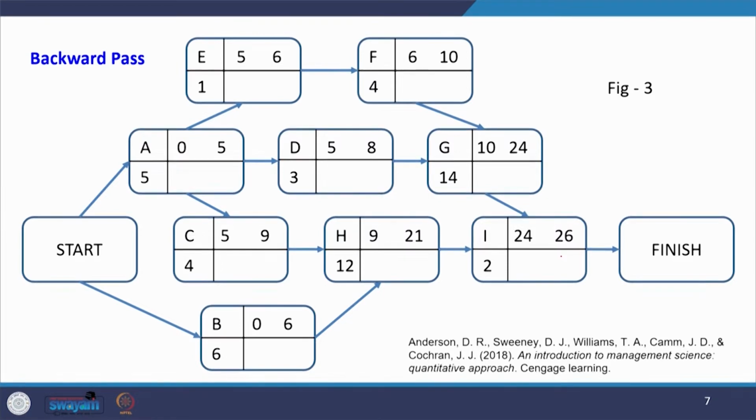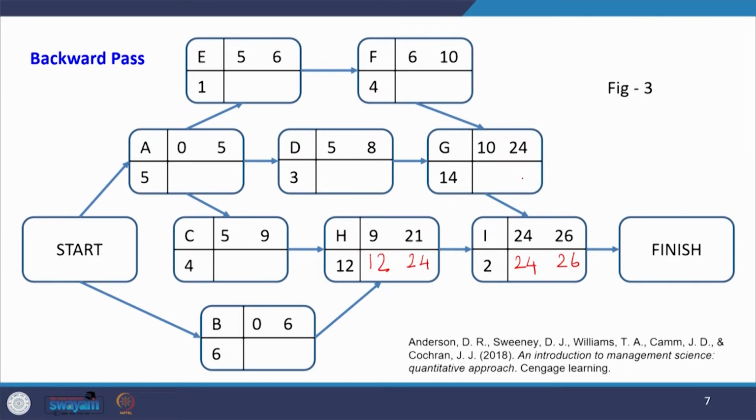So, what is this? 26. This is my latest finishing time for I. So, 26 minus 2 is 24. Then it is 24 here. So, 24 minus 12 is 12.